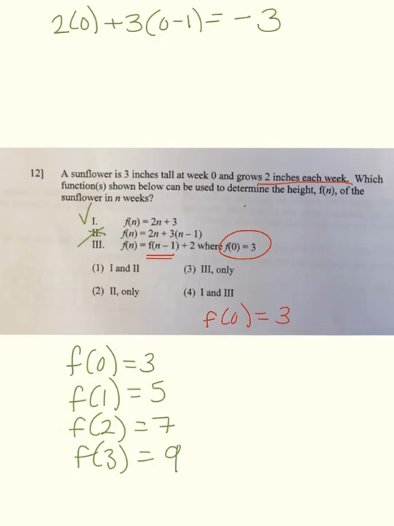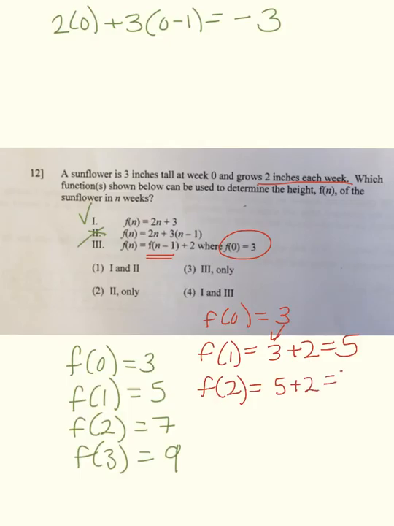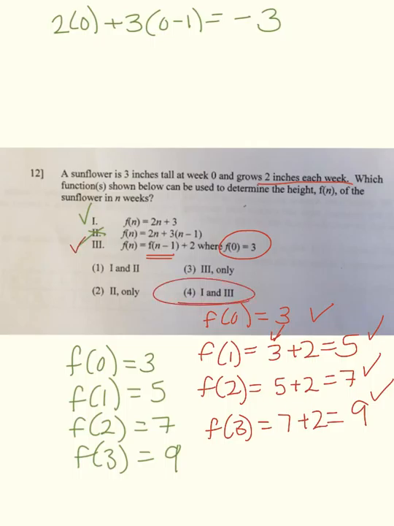We're going to substitute into that recursive sequence: the value of 1 is equal to the last value, 3, plus 2, that's equal to 5. Now the second term is 5 plus 2, which is equal to 7. Now the third term is 7 plus 2, which is equal to 9. So this works. Okay, so 1 and 3 work, so that's choice 4.